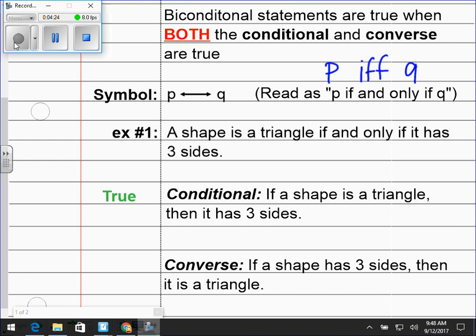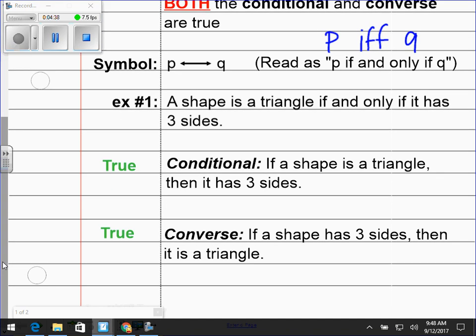Is this converse statement true or false? It's true, because if a shape has 3 sides, then we call it a triangle. So if we know that the conditional statement is true and we know the converse is true, what can we say about the biconditional? We can say that it's true.